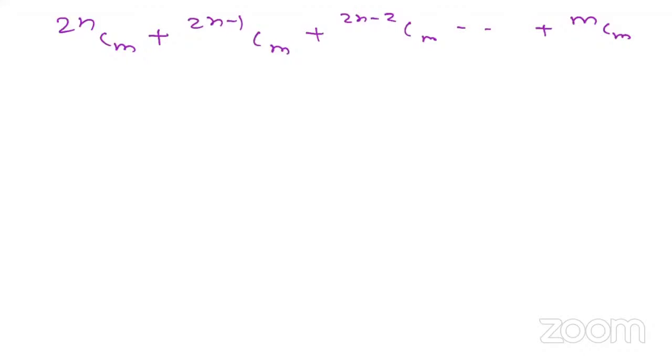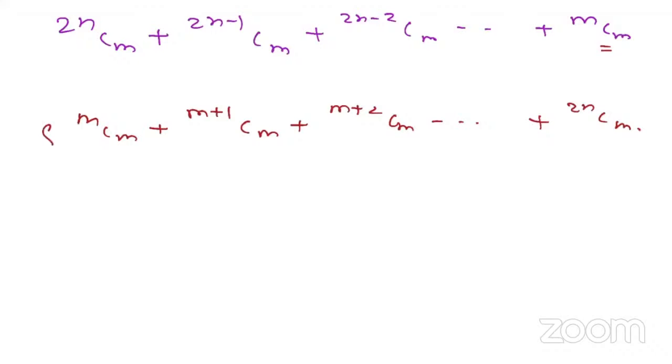See, in these type of question, the main thing is rewriting the question to get this. I'll start from MCM, M plus 1 CM, M plus 2 CM, up to 2n CM, right?